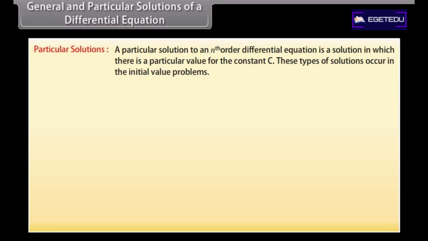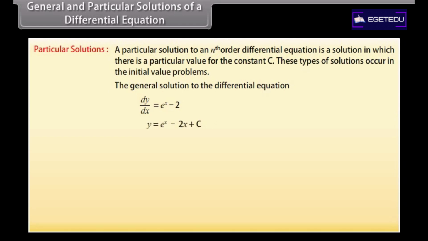These types of solutions occur in the initial value problems. The general solution to the differential equation dy by dx equals e raised to the power x minus 2 is y equals e raised to the power x minus 2x plus c when y(0) equals 3.